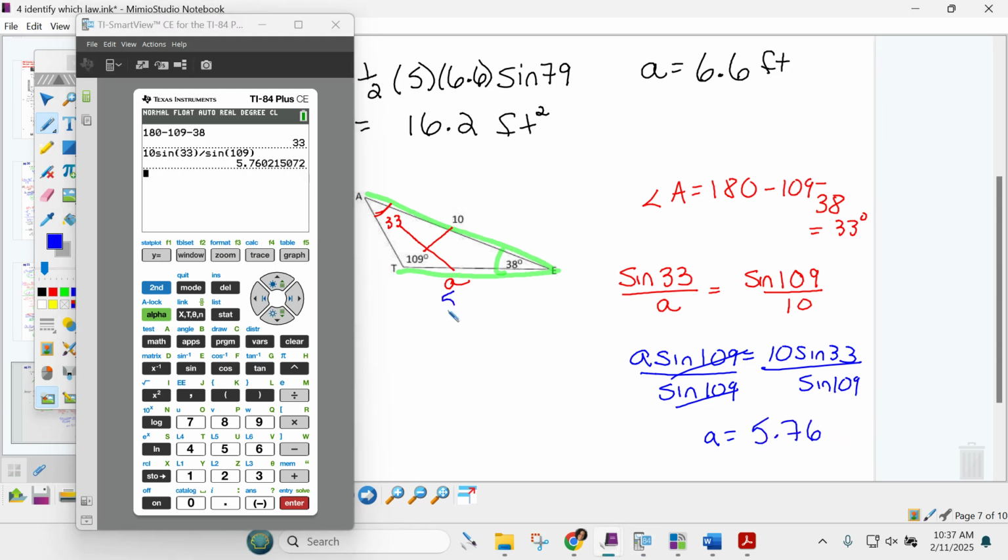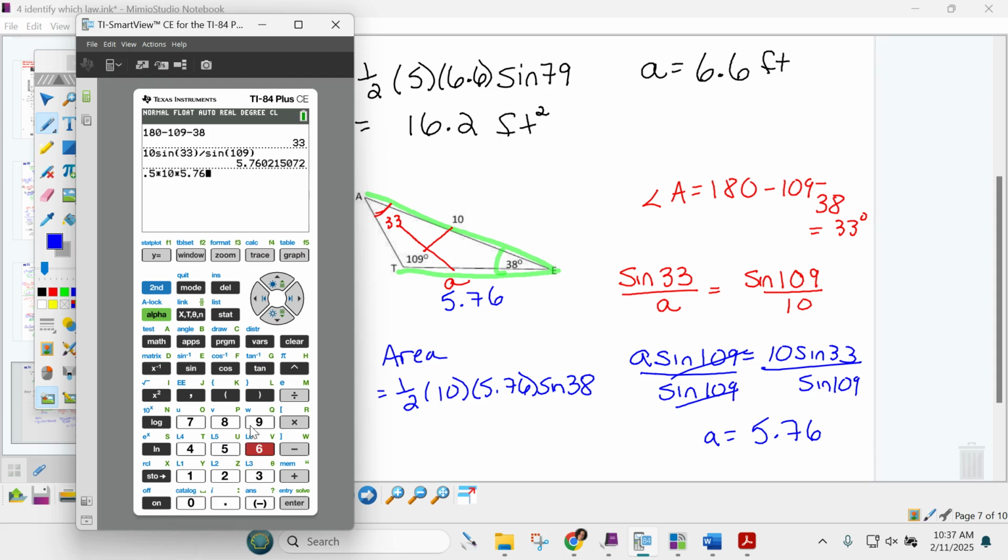No units. All right, so area is 1/2 times 10 times 5.76 times sine of the angle in between. 17.73 units squared.